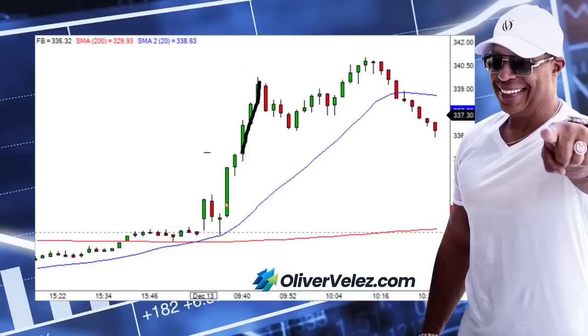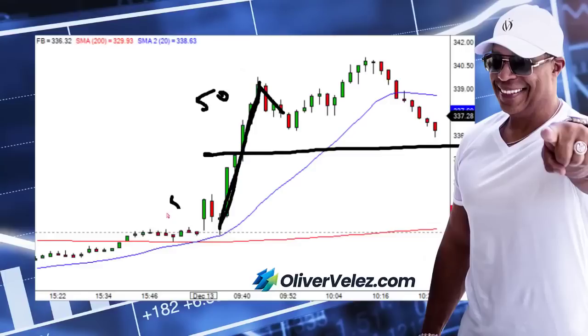Stays in the upper 50% of the move, right? So cut that move in half. The pullback stays inside the upper 50%. All right. Okay. Here is your mandatory add. Boom.